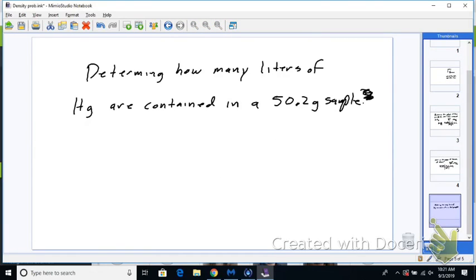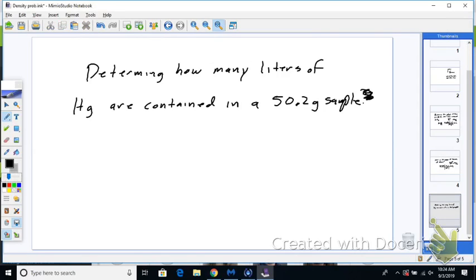Okay, so this one has a little bit of a twist in it, so I'm going to have you do that one. This will be the last one we'll do. Pay attention to units, and I think I only had one person get this right in the last class. So what you do is you go 50.2 grams of mercury.